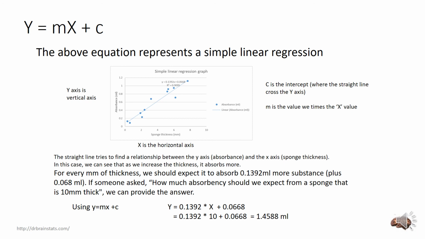So 0.1392 times 10, which is our 10 millimeter thick sponge, plus 0.0668. So that provides us with an answer: 1.4588 milliliters. So for a sponge that is 10 millimeters thick, we should expect it to absorb 1.4588 milliliters of liquid.